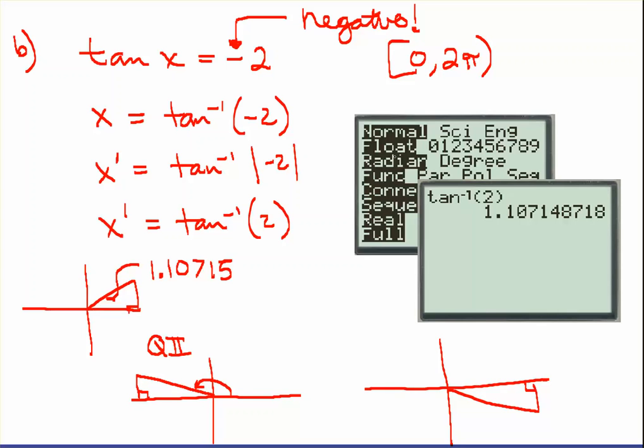Carefully, you're not in degree mode. You are in radian mode, so we've got to develop some other tricks here. So remember, in quadrant 2, we would subtract, right? In this case, to get this angle, we're going to have to get pi subtract this guy. So what is pi subtract 1.10715?